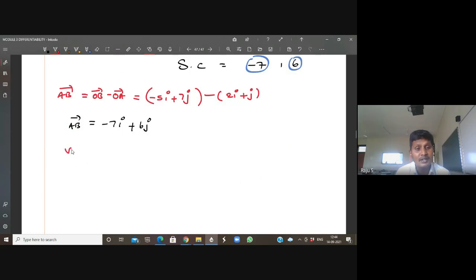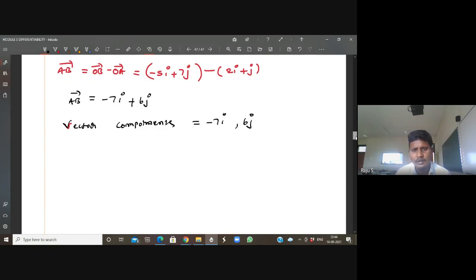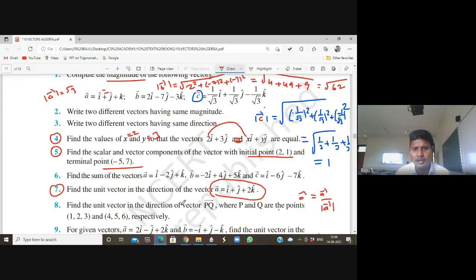Then what are the vector components? They are asking for vector components also. The vector components are minus 7i comma 6j. You can write the vector separately. For example, take the vector A is equal to i plus j plus 2k.